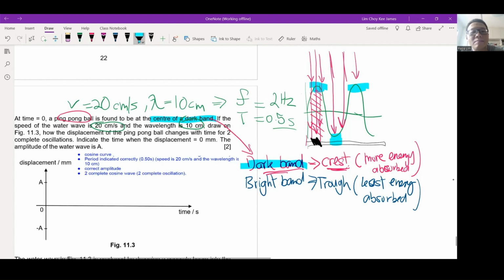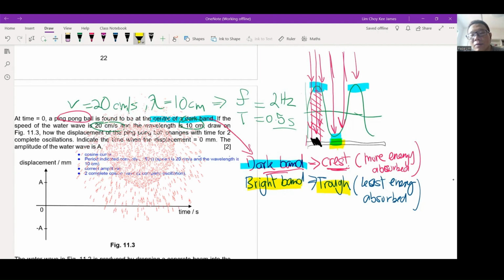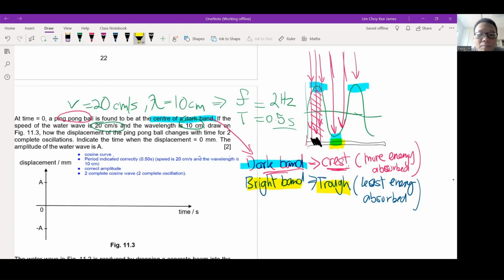What does this mean? It means that upon hitting the base of the floor, the paper or the panel, it will form what we know as a bright band. So students, you have to take note that the dark band corresponds to the crest, and the bright band corresponds to the trough of the wave itself.